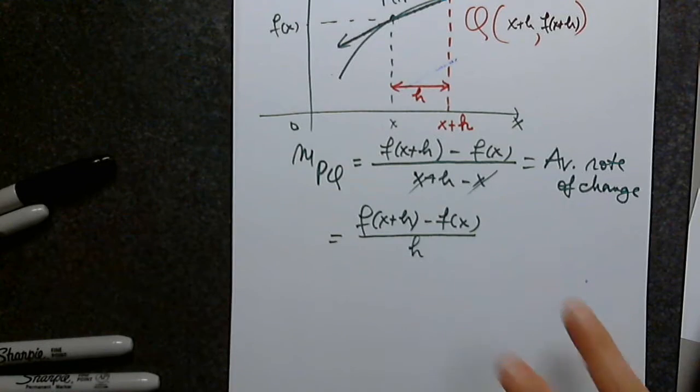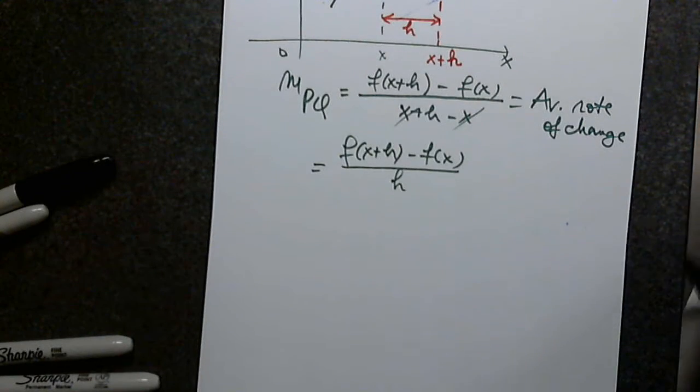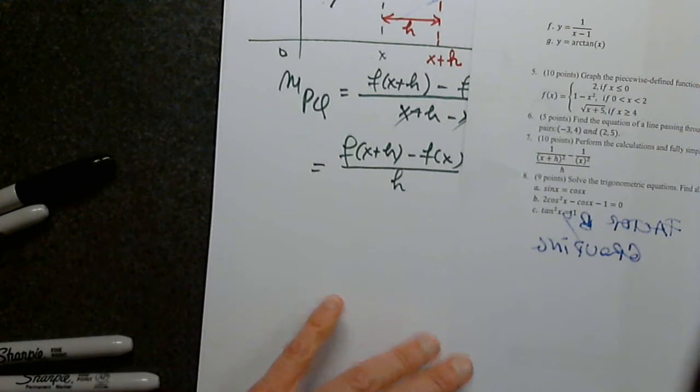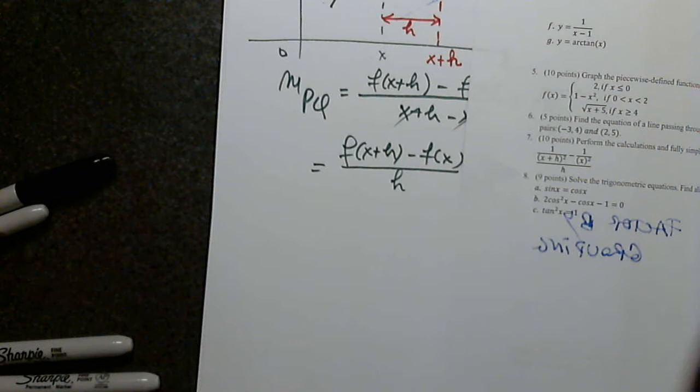Good, so now let's go back to our readiness quiz and let's compare. So I'm comparing this to this. For which function? 1 over x squared.